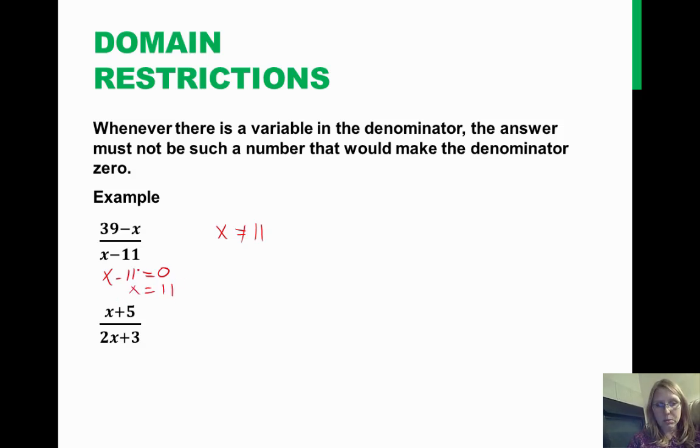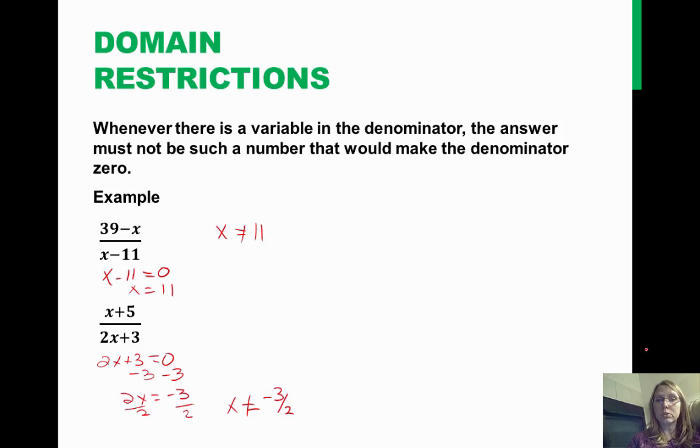I'm going to do the same thing with this denominator. I'm going to set it equal to 0 and solve for x. So if I subtract 3 from both sides, I have 2x equals negative 3, and then I can divide both sides by 2. So x cannot be negative 3 halves, because if it is, it will cause the denominator to be 0.